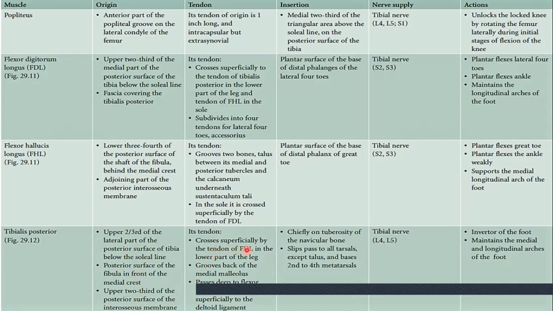Its tendon is crossed superficially by the tendon of flexor digitorum longus in the lower part of the leg, grooves the back of the medial malleolus, passes deep to flexor retinaculum, and superficial to the deltoid ligament. It will insert chiefly into the tuberosity of the navicular bone, but it has slips that pass to all tarsals except talus and the bases of second to fourth metatarsal. Okay.